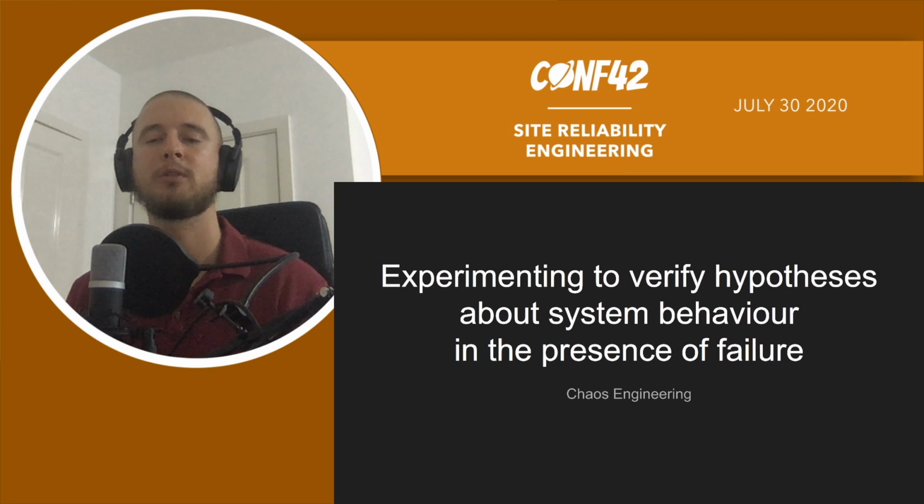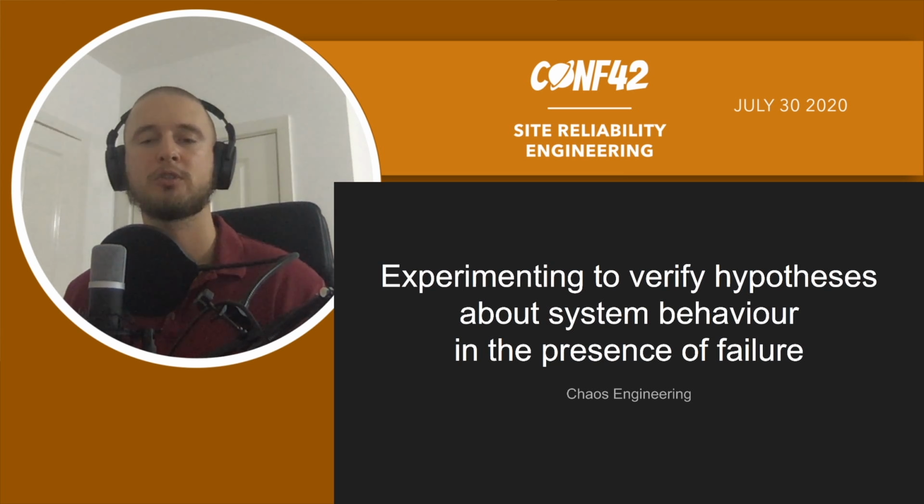We actually try to learn that either the system behaves the way that we expect, that's the hypothesis, or deny that and learn that it needs to be fixed. At the core of it, it is much more scientific than just going and randomly smashing things in production.